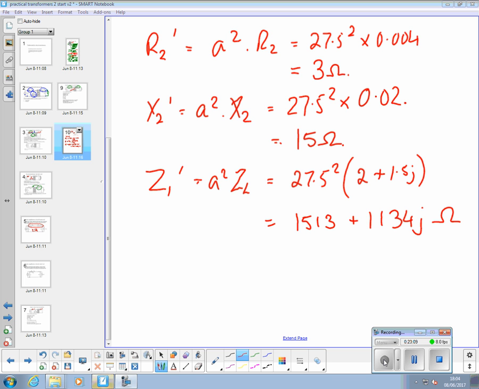Let's just convert it to polar as well. So that's rectangular form.